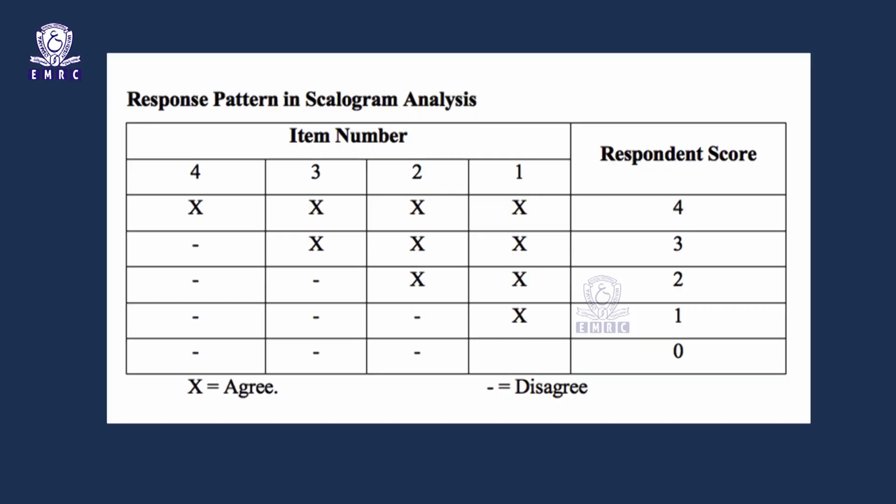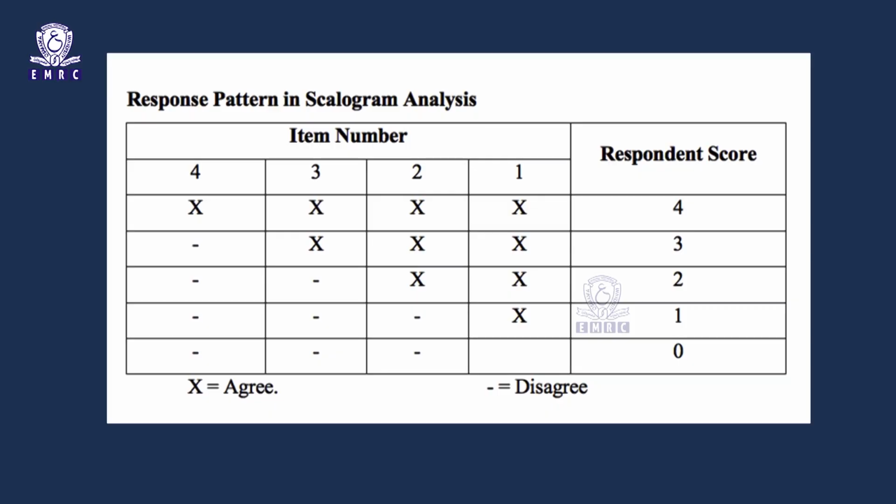In this technique, the respondents are asked to indicate in respect of each item whether they agree or disagree with it, and if these items form a unidimensional scale. The response pattern will be shown in the table. Response pattern in scaleogram analysis.